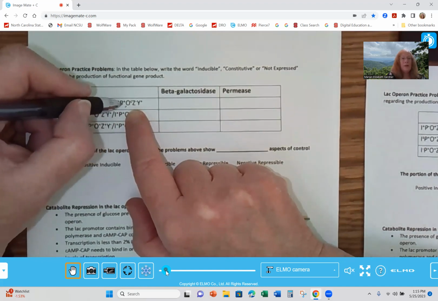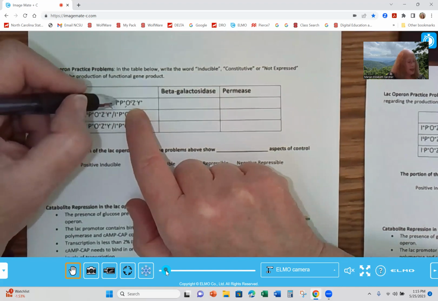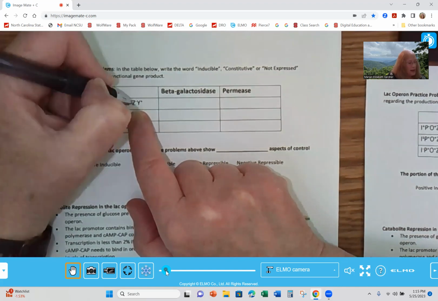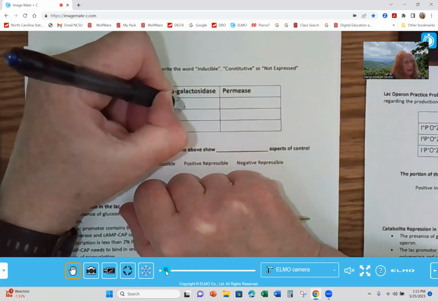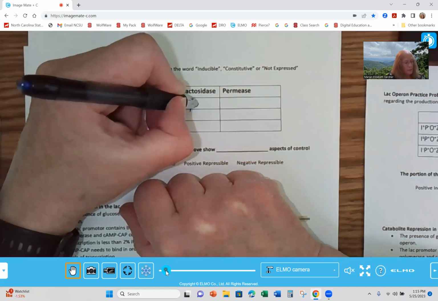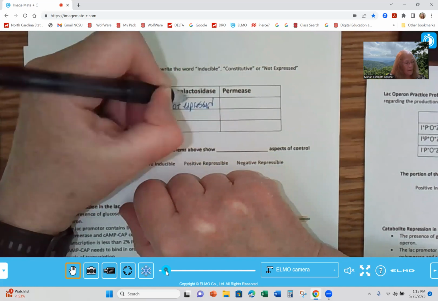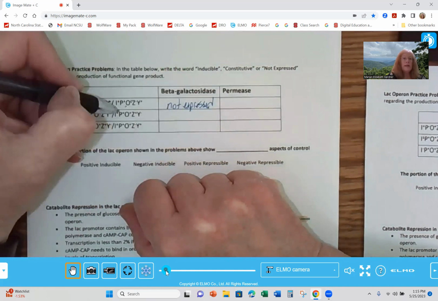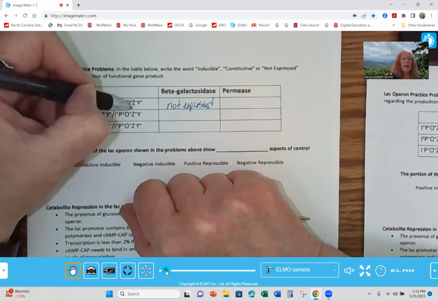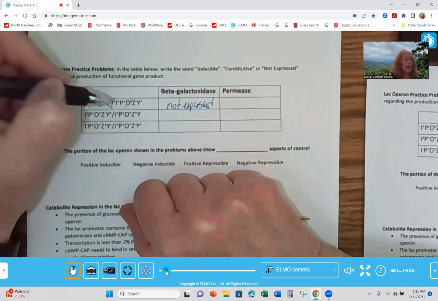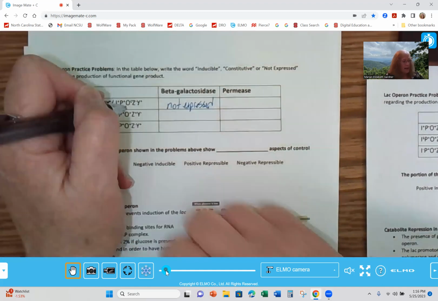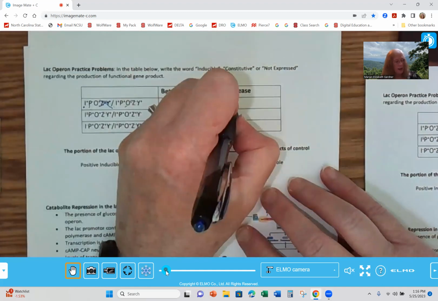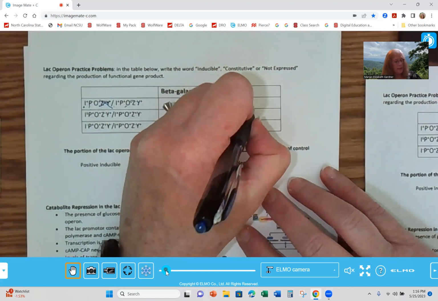It can't bind to the repressor, so it's always on, and it has a good promoter, but it has a Z-, so beta-galactosidase is not expressed. Even though the operon is on, since that's a bad gene for beta-galactosidase, we don't make beta-galactosidase. It has a Y+, and since that is a constitutive operator, it is produced constitutively.